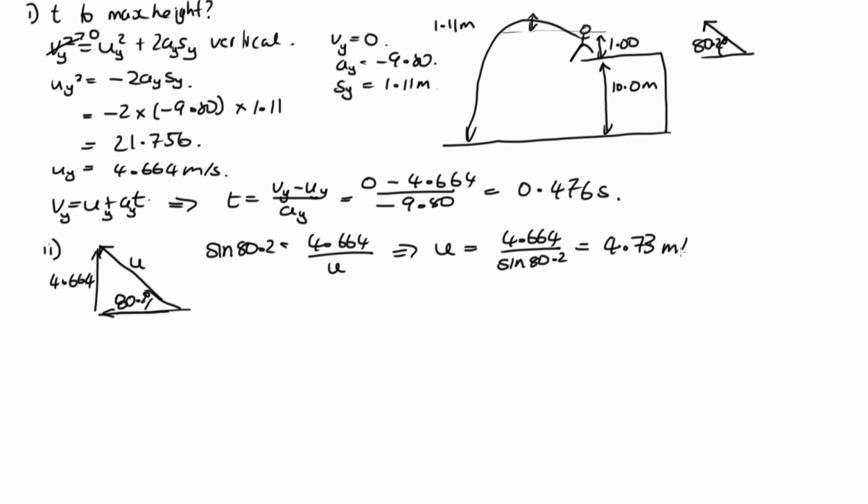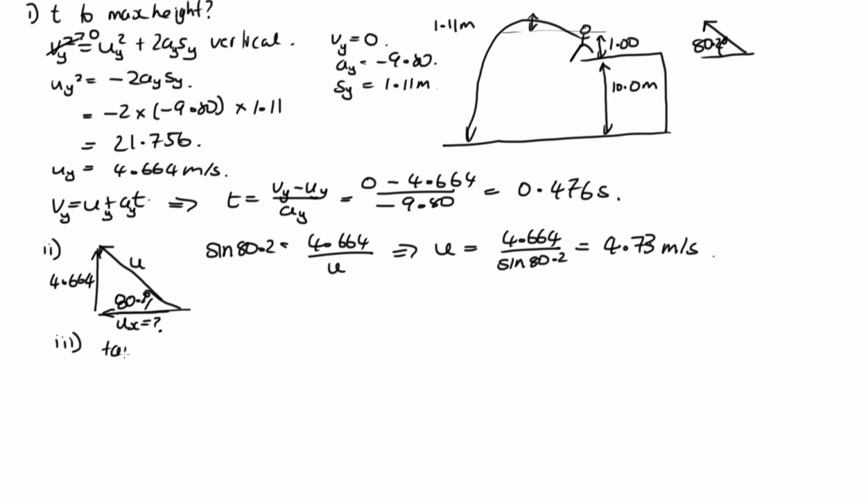4.73 meters per second. Now part 3 asks us how far horizontally from the takeoff point the diver hits the water. What we're going to need to know for that is how fast the diver is traveling in the horizontal direction, so we'll want to know this ux here. Let's start by finding that, and then we'll want to know the total time as well. We can work out ux with some trigonometry.